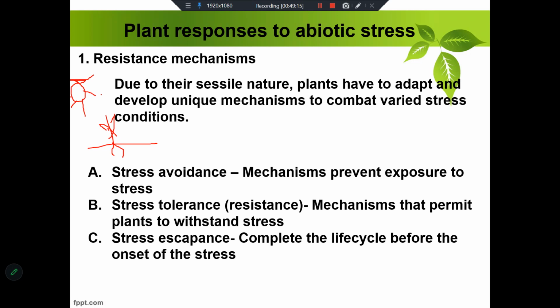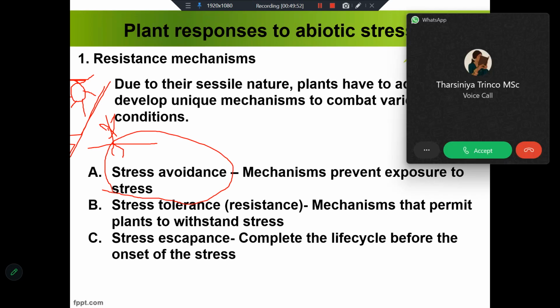So the sun is there and environmental changes are going on, and we cannot change that. But if there is a mechanism that prevents exposure to that stress, that means the condition is still there, but the plant will not feel it. That type of mechanism is called a stress avoidance mechanism. Plants won't feel that stress at all.